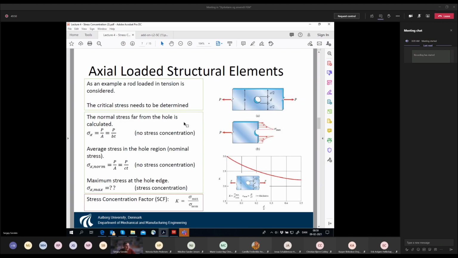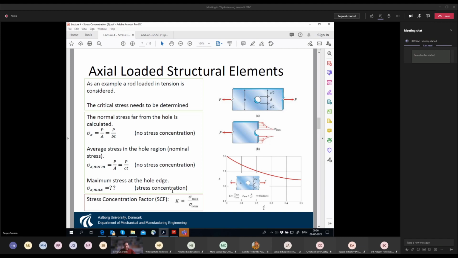So if we are after nominal stress, it's very simple. It's just the force divided by the net area. Okay, so there's no need to look it up for material or calculate it. You just look it up in the diagrams. Yes. The stress concentration factor is insensitive to the material. You believe that your material is isotropic and elastic, and this is what you do in finite elements and in the theory of elasticity.